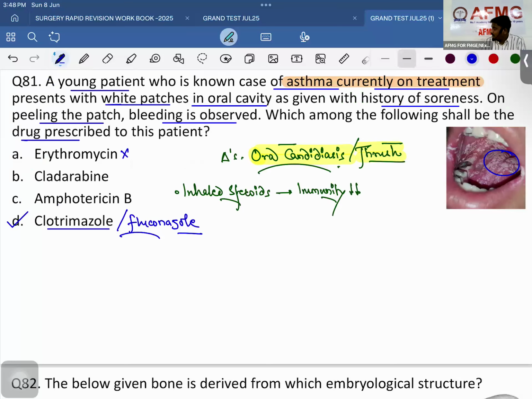Erythromycin is given in the condition of diphtheria, beta. Okay, cladribine is the drug of choice for hairy cell leukemia. Cladribine is given in hairy cell leukemia. Amphotericin B is given in severe fungal infections, like mucormycosis, Kala azar, or cryptococcal meningitis.